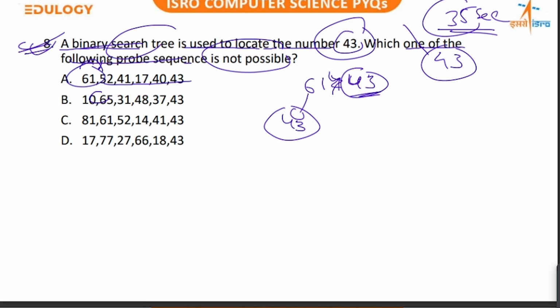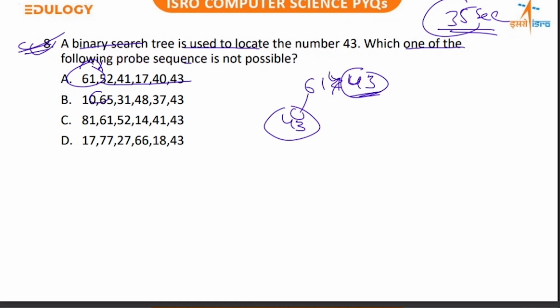Again we have to check whether 52 is greater than or smaller than 43. 52 is greater than 43, so 43 will come into the left subtree of 52. So all the remaining elements after 52 must be smaller than 52.